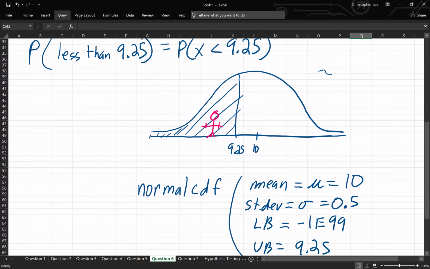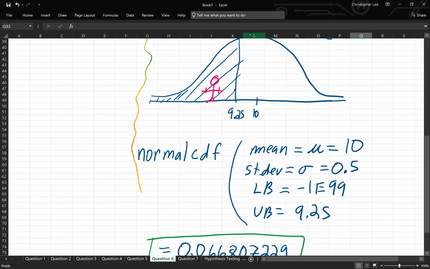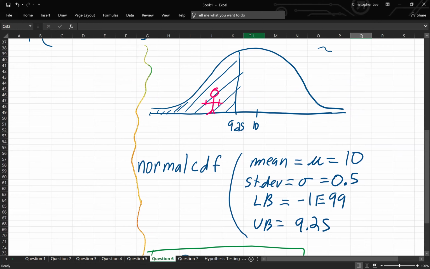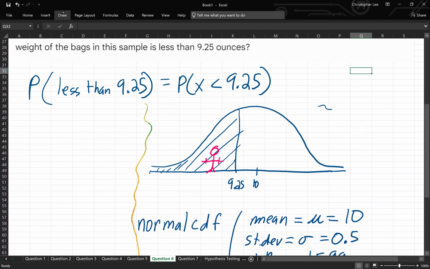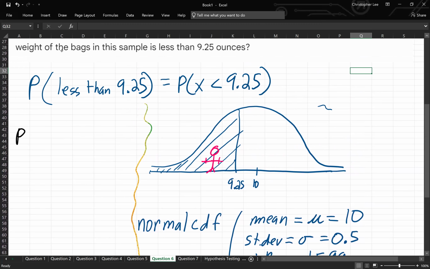On a separate note, for those of you that are going to use the table, they want to know the probability of X less than 9.25. You're going to change that into a Z, right?